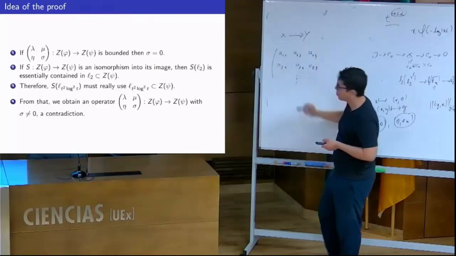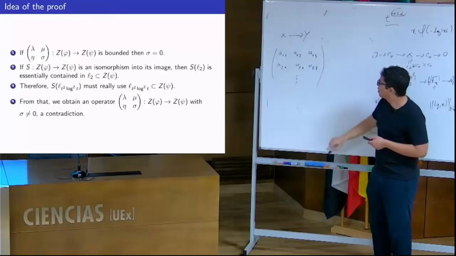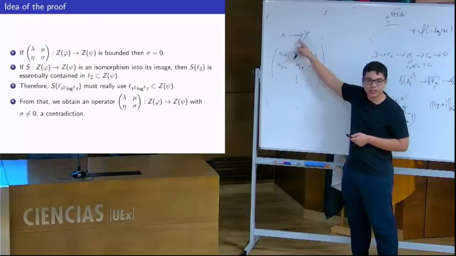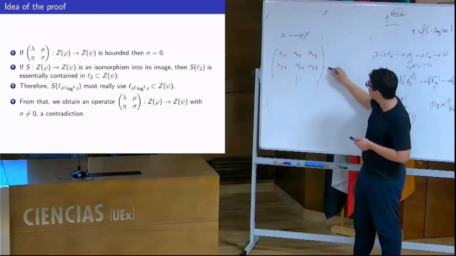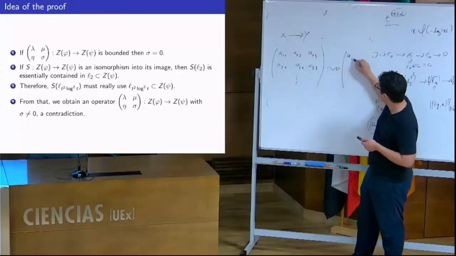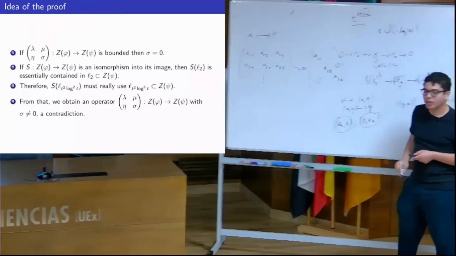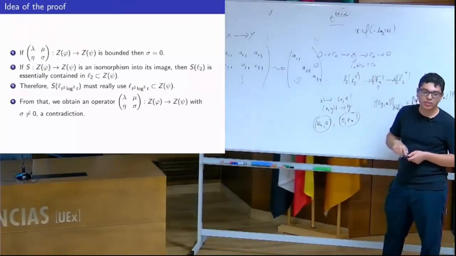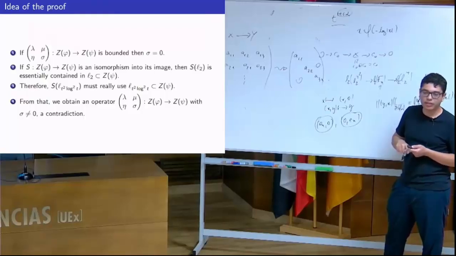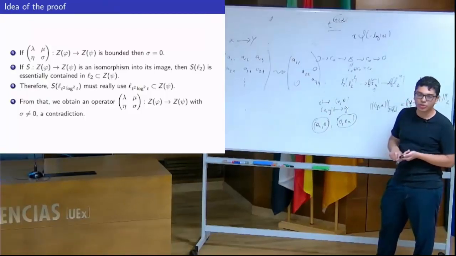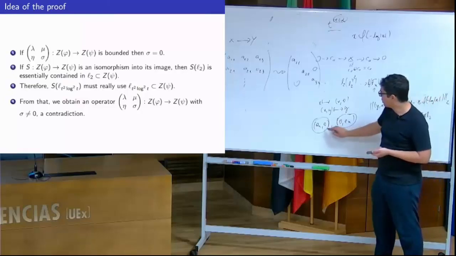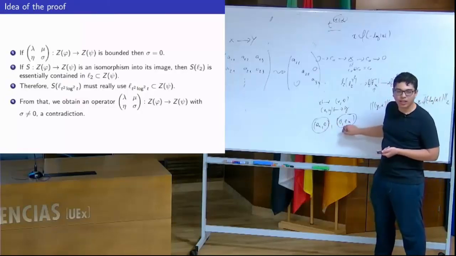If the spaces had an unconditional basis, there is a result that says that from that, you get that the diagonal operator is also bounded. But your spaces do not have an unconditional basis, but they have what we call an unconditional finite dimensional decomposition. Because remember, this is a basis that is not an unconditional one.